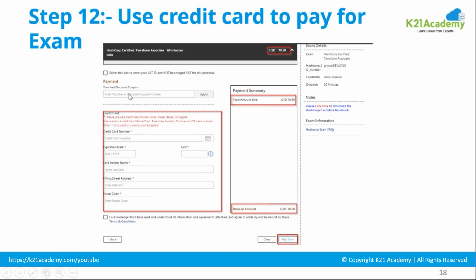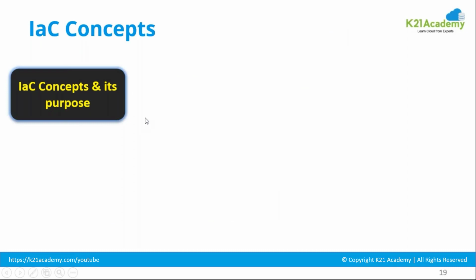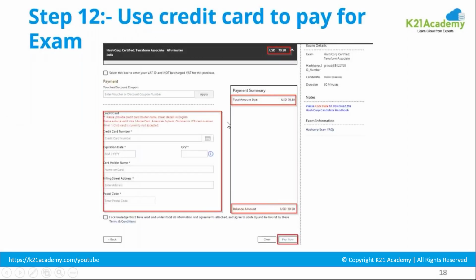Okay, you have a coupon that you can apply here, or else you can use your credit card to pay your exam fees. Okay, so once you pay your exam fees, that will be $70.50, you will be redirected to the payment gateway page where you can enter your payment details. And once you have done that, your exam confirmation will be done.